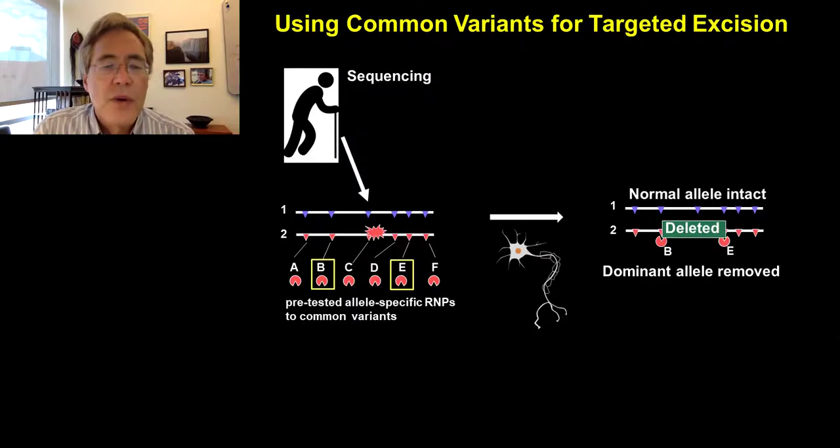So the basic idea is that we would like to be able to sequence, this is for BEST1 or for the Charcot-Marie-Tooth, that you'd like to actually take the person who has the disease, isolate and sequence them, and everybody will be sequenced fairly soon, almost all the patients will be sequenced.